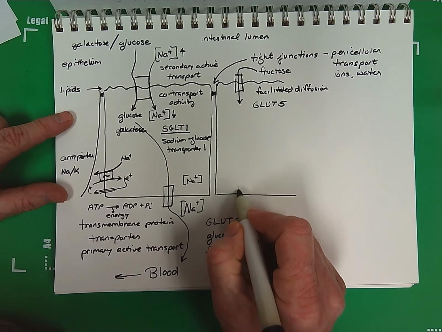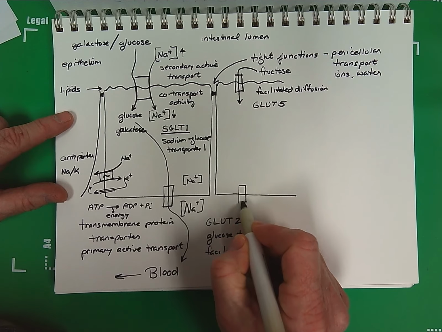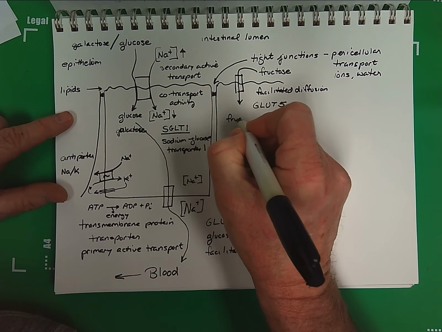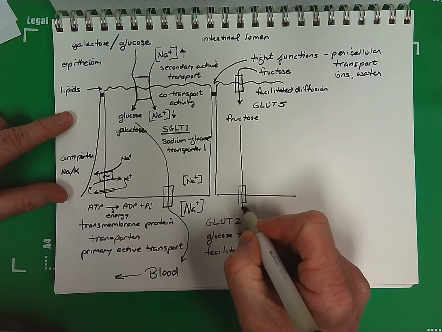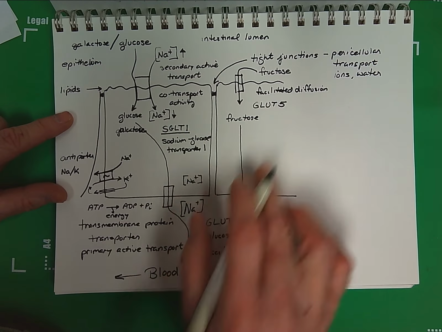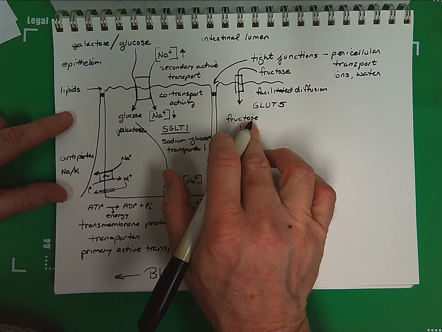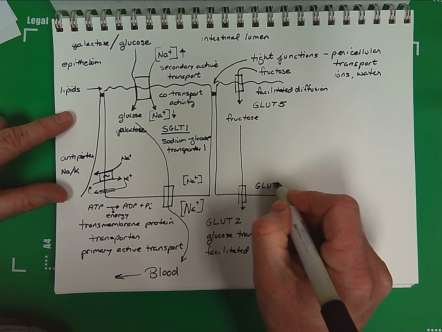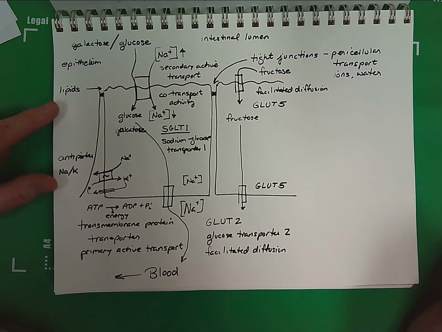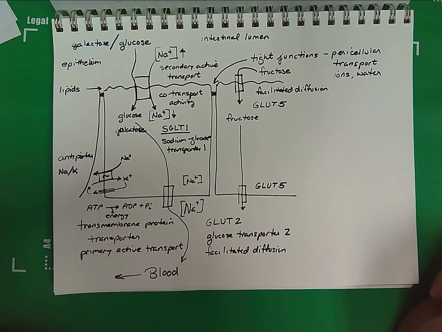And likewise, in order to transport fructose out of the cell and into the blood, we need another transporter because this is a highly polar molecule. The transporter is also the same, GLUT5, on the basal surface.